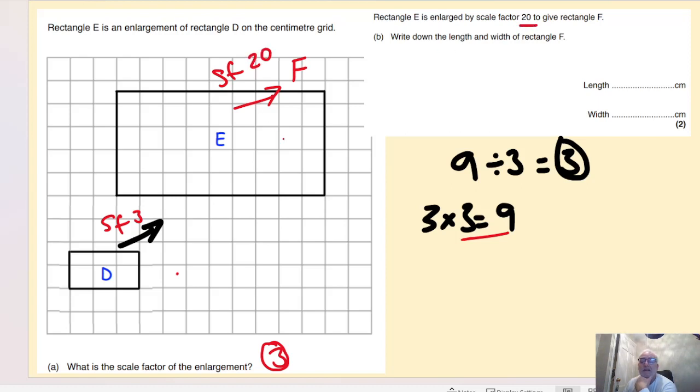So we're getting 20 times bigger. We know this measurement here is 9, which goes from there to there. So all I'm going to do is take the scale factor that they give me and multiply it by 9. So I've got 20 times 9, which is going to give me 180 centimetres.